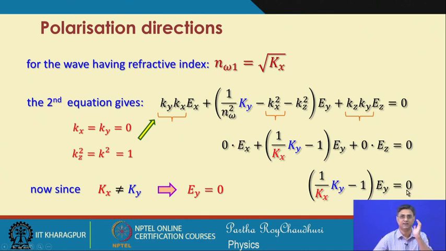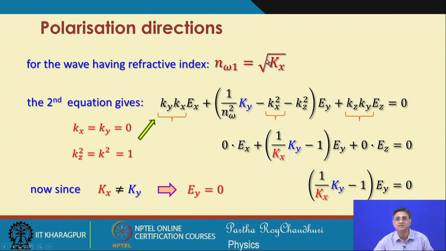So, let us understand this situation: a wave is travelling along the z direction and it sees a refractive index which corresponds to the permittivity along the x direction. Then the field E y is not there, and because it is propagating along the z direction, E z is also not there, we will see that. So, the only possibility is that E x is not equal to 0.